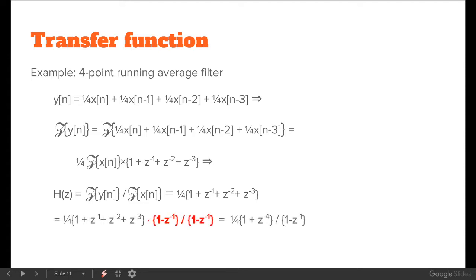Okay. This is then exactly the same as, or actually this one here for the running average filter.